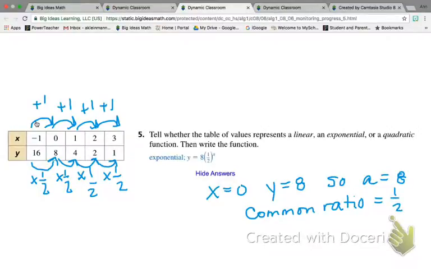So you can see that it's exponential because of the common ratio, and you could write it as y is equal to, we'll substitute in the value for a, substitute in the common ratio, and your exponent is x.